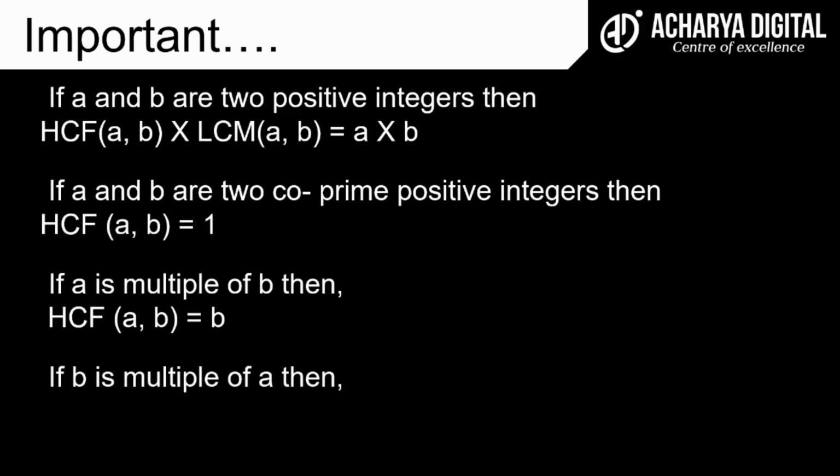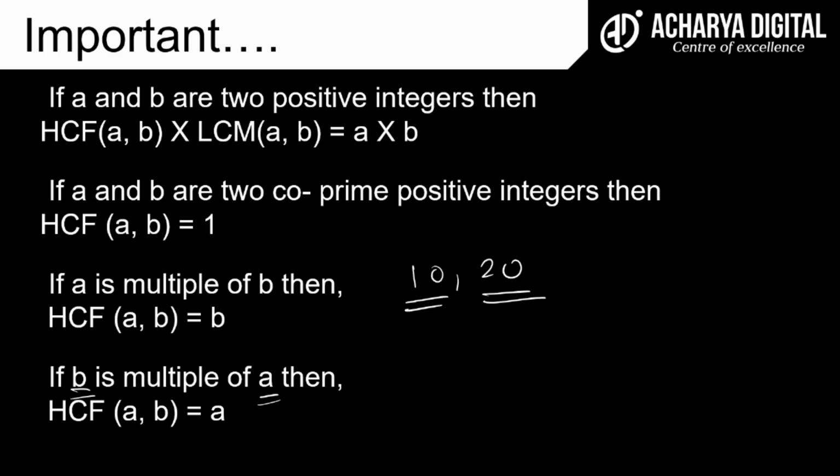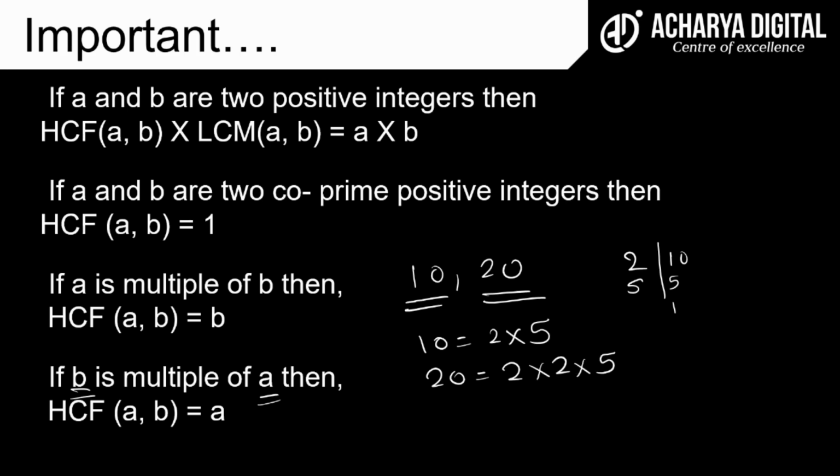If reverse is the case, if B is a multiple of A, then HCF is A. Same example you can take. Instead of 20 comma 10, if I take 10 comma 20. In this case, B, that is second number, is a multiple of first number. 20 is a multiple of 10. So in that case, how much is the HCF? If you see, 10 can be written as 2 5s, 20 can be written as 2 into 2 into 5.